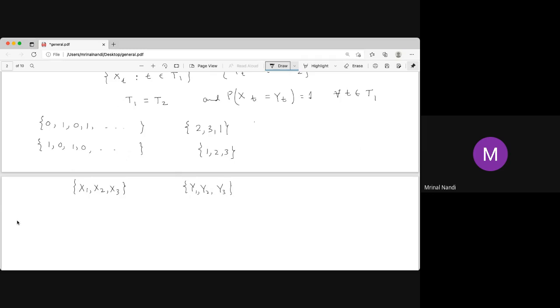Should I say these two stochastic processes are equal? That's the question. If I have a relation such that X1 is equal to Y3 with probability 1, X2 is equal to Y1 with probability 1, and X3 is equal to Y2 with probability 1, are these two stochastic processes equal?